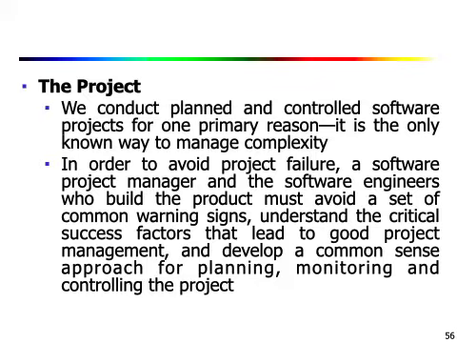In order to avoid project failure, a software project manager and the software engineers who build the product must avoid a set of common warning signs, understand the critical success factors that lead to good project management, and develop a common sense approach for planning, monitoring, and controlling the project. So we need to have a good understanding about the project also.